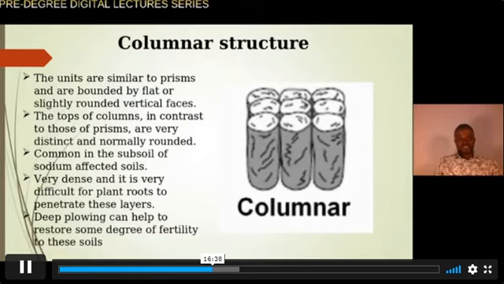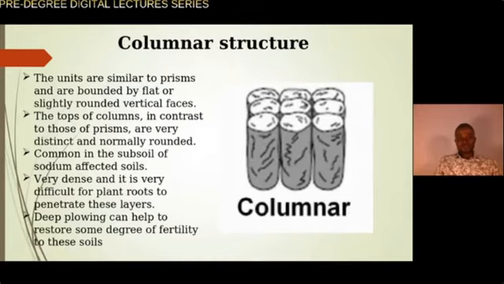We have the columnar structure. In this structure, the units are similar to prisms and are bounded by flat or slightly rounded vertical faces.